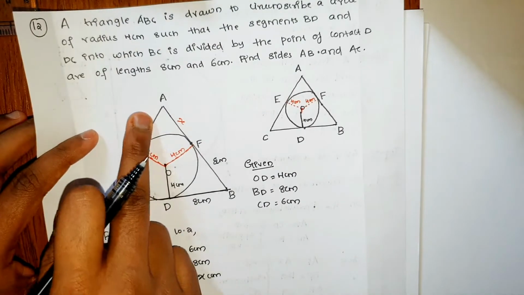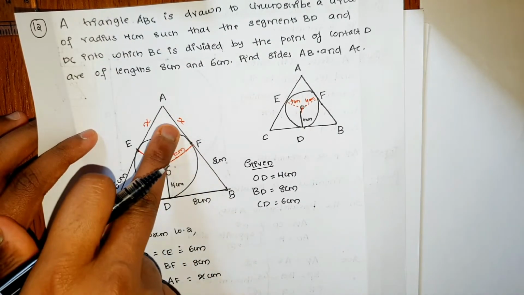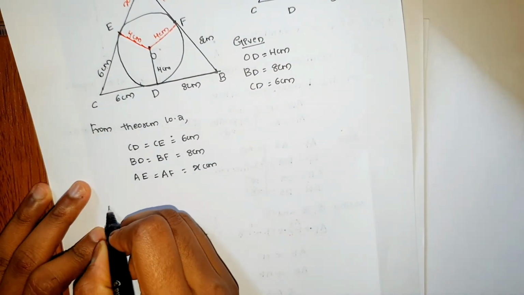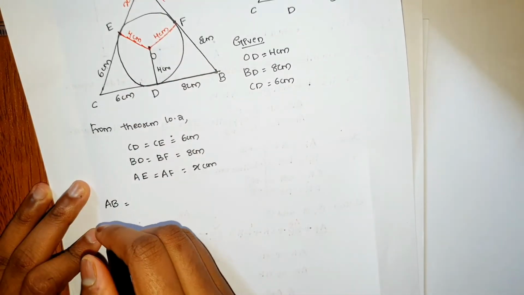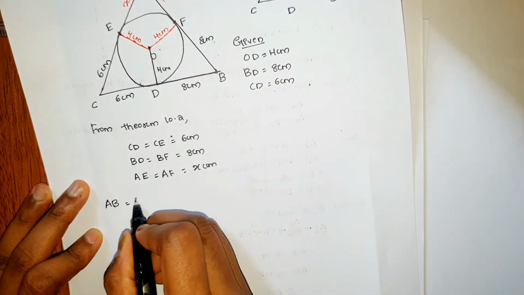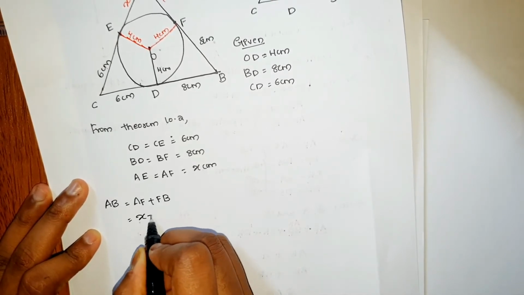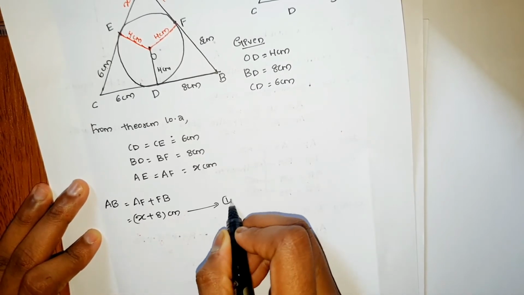So, what is the full AB? AB is equal to AF plus FB, that is equal to x plus 8 cm. Let this be equation 1.